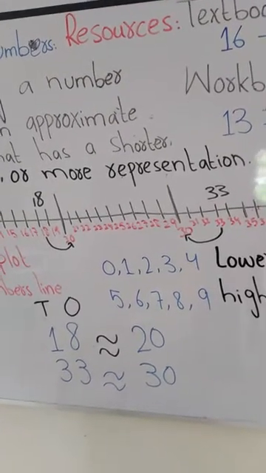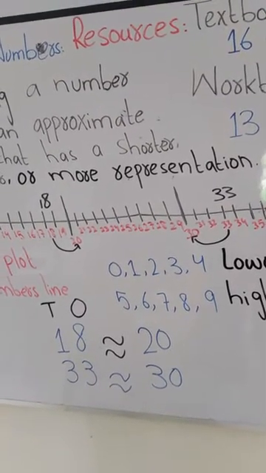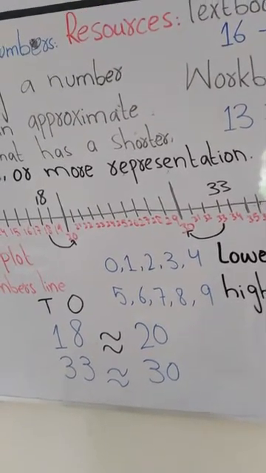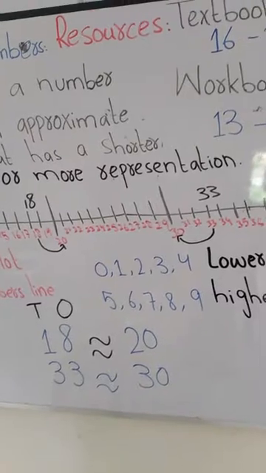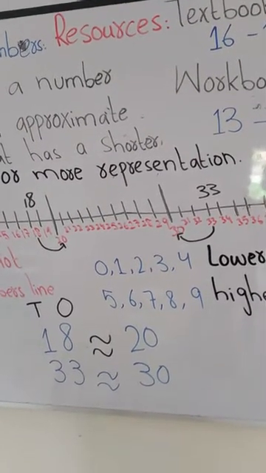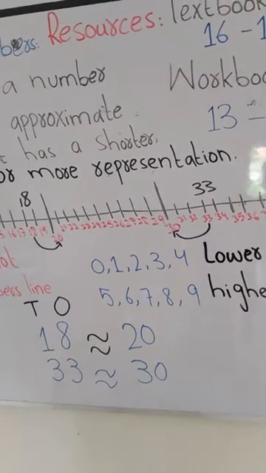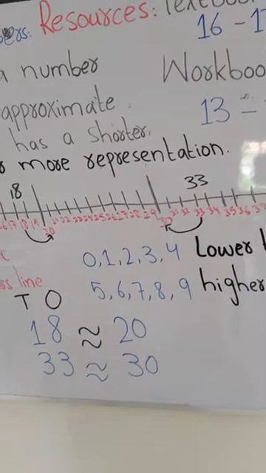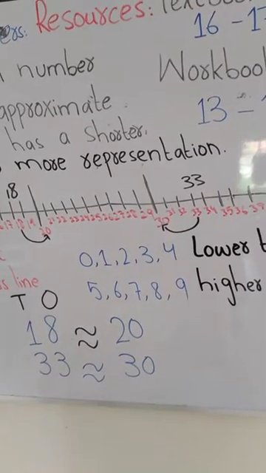And if the digit in the ones place is 5, 6, 7, 8 and 9, round off the number to the higher 10. So if the digit in the ones place is 0, 1, 2, 3, 4, we round off to the lower 10.